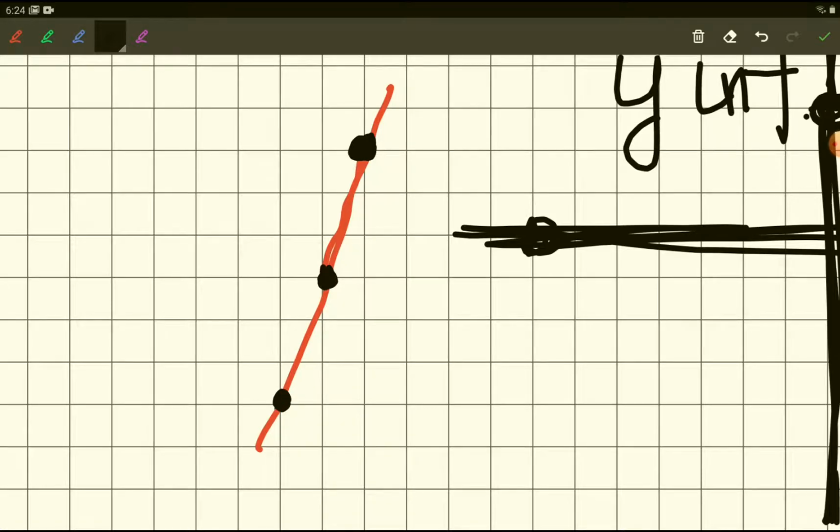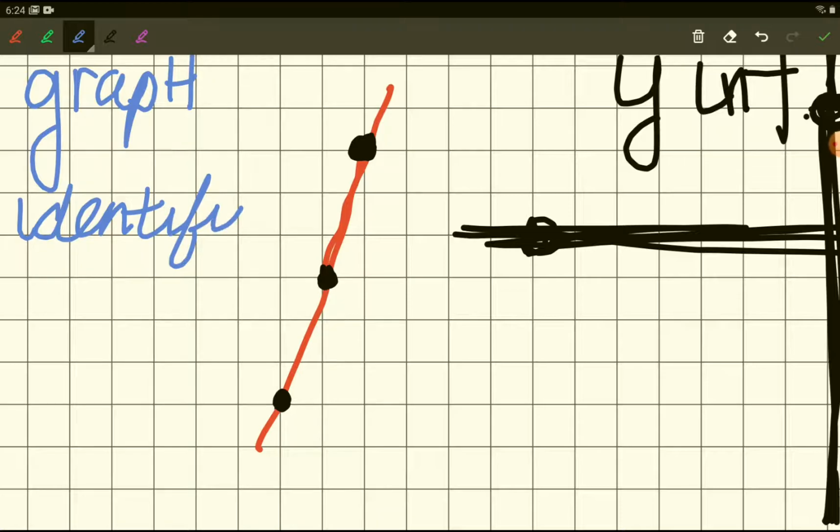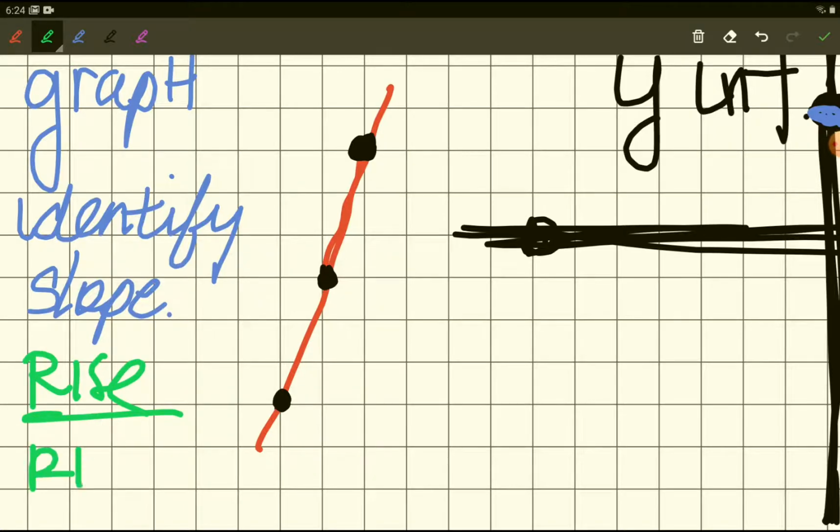All right. Okay, so it's very, very simple, given a graph or given a line, you can easily identify the slope. Intercept is extremely simple to identify. You just look for where it intersects the x or y axis. But for slope, everybody knows it's rise over run. All right, rise over run.